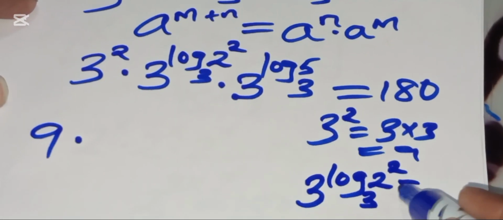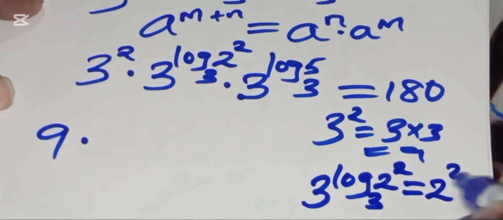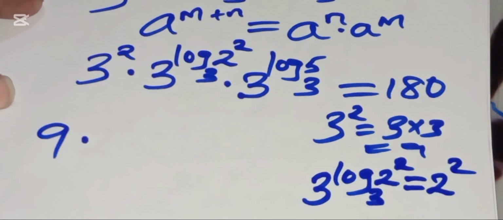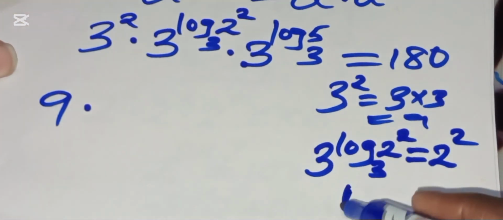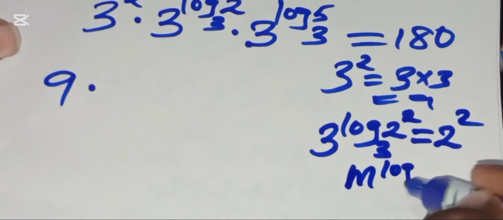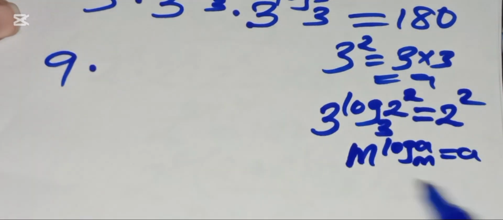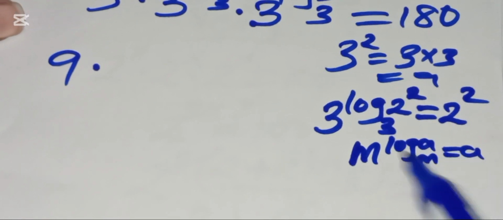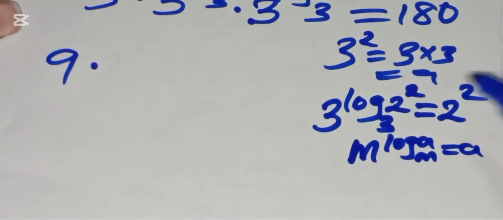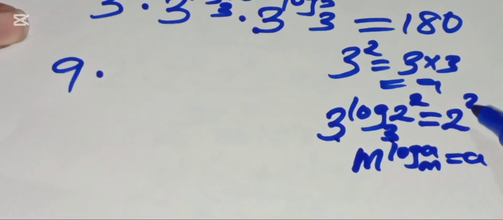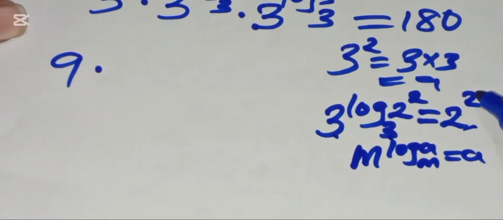This should give us a value of 2 raised to power 2, squared. Applying the logarithm property, that's m raised to power log a to base m, this should give us the value of a. So this is the logarithm property we apply here. We have 3 raised to power log 2 squared to base 3, which should give us 2 squared, which is equal to 4.